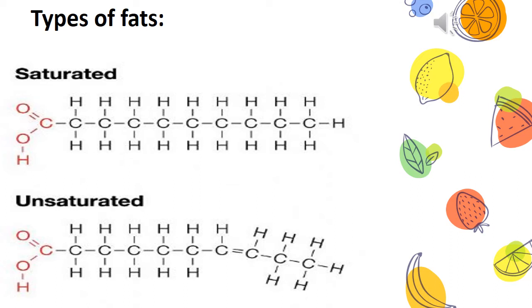If you have a long hydrocarbon chain where there is a single bond between carbon-carbon atoms, then it is a saturated fat. If you have a long hydrocarbon chain where you have a double bond between carbon-carbon atoms, then it is an unsaturated fat.